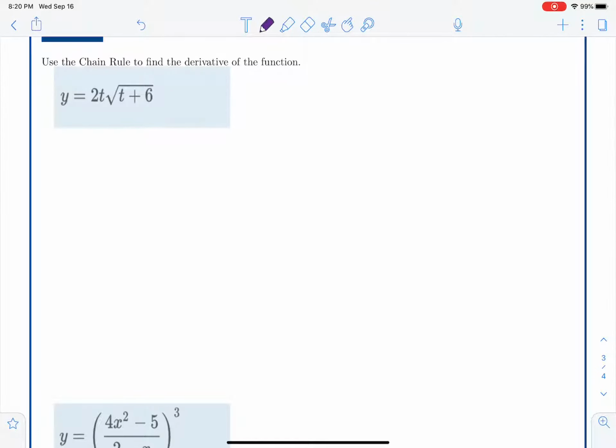So here we want to find y prime with respect to t, and we have two functions that are in product, so that is multiplied with that. So u v prime plus v u prime.